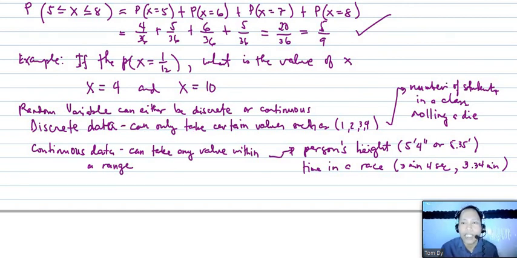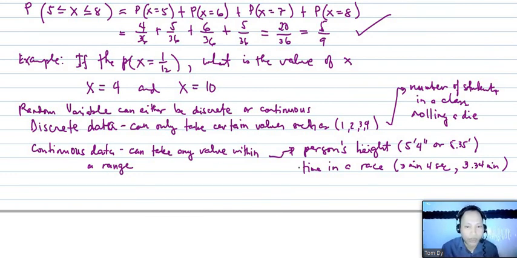For the number of students in a class, you will not say 2.5, but you will say there are three students in a class, or there are 11 students in a class. For the sum of rolling dice, let's say the sum is 6; you cannot say 3.5 or 4.6, but your answer will definitely be, let's say, 7 or 8.